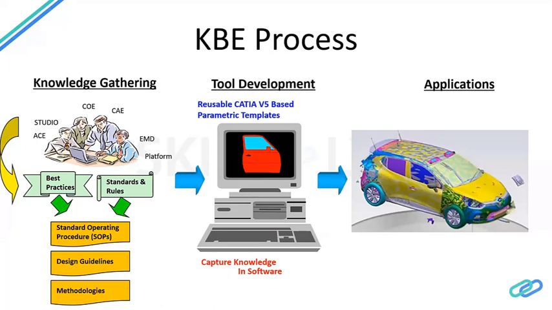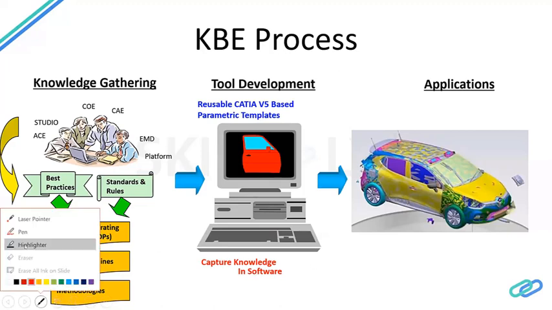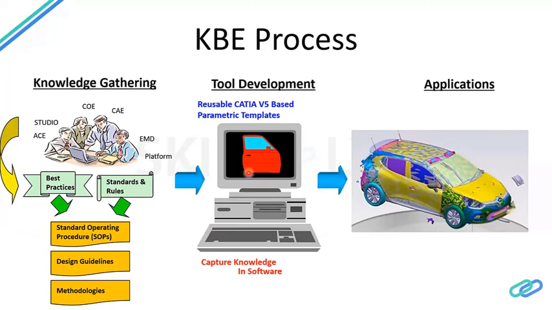I'll be taking up a live example on bumper parts, the bumper assembly, and how knowledge-based engineering is applied on it. As you can see, all this knowledge gathering is used for tool development. Then the tool is developed, like we create templates, and then the template becomes the whole product.